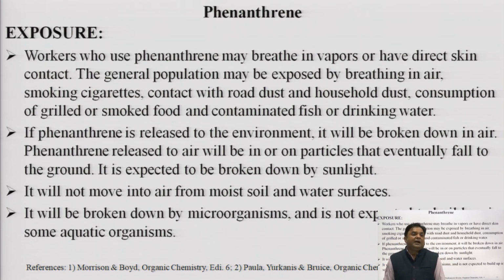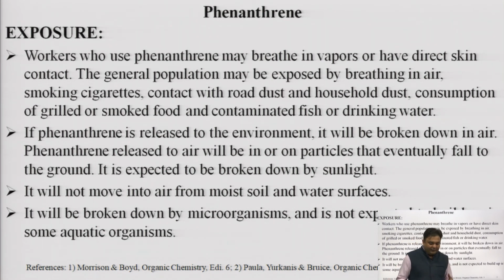Suppose phenanthrene is released to the environment. It will be broken down in the air. Phenanthrene released in the air will be in or on particles that eventually fall to the ground. It is expected to be broken down by sunlight.